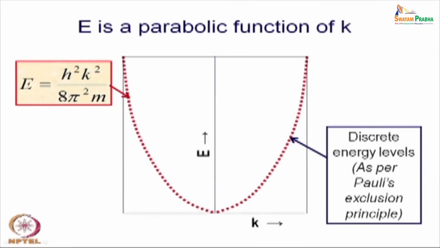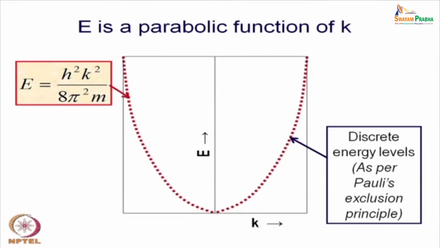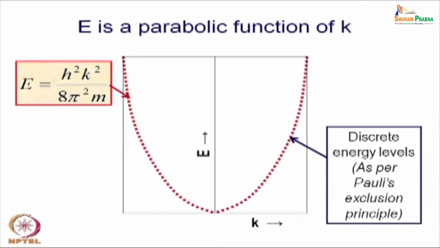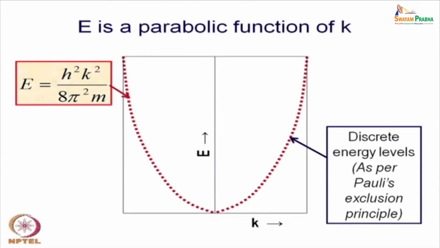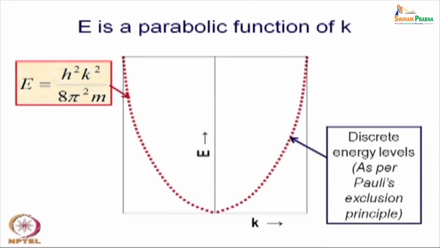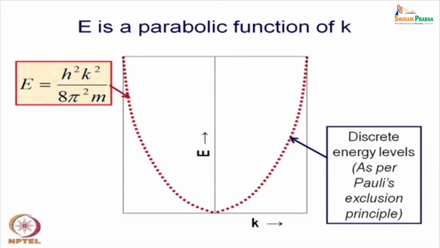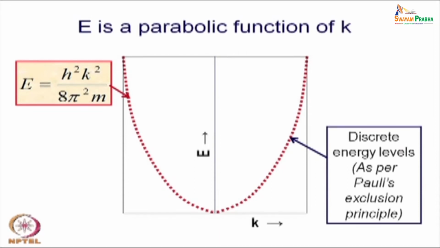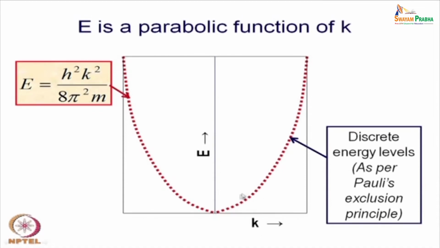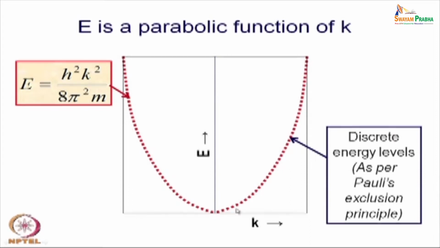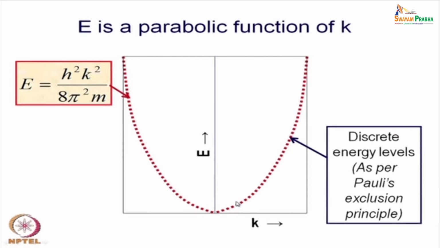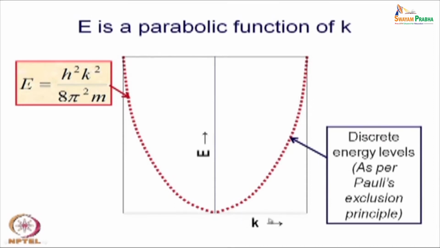Now, this k can be related to the particular position of the electron within the solid. It is actually related to the reciprocal lattice space of the crystal, and to the position of the particular electron within the volume of the material.